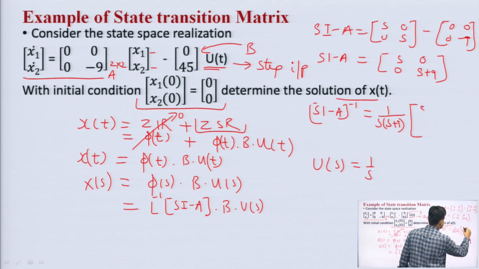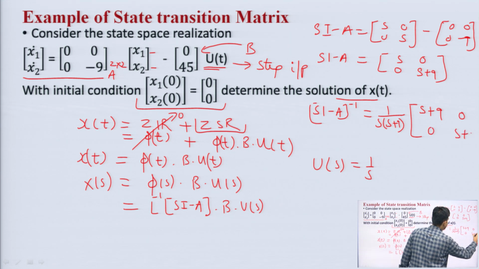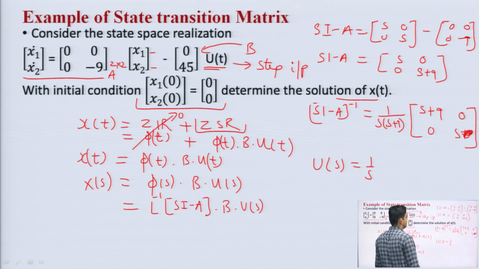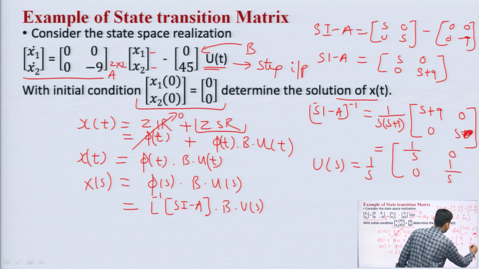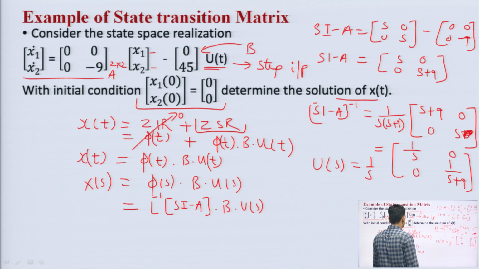This is the inverse: s plus 9 will come, 0, 0, and after the adjoint operation this will remain only s. So, this is the sI minus A inverse. Now we need to solve it: multiply this, and we will get 1 over s, 0, 0, 1 over s plus 9.